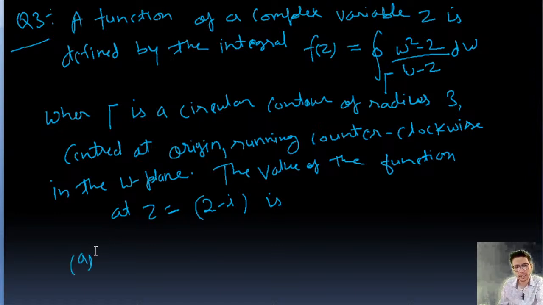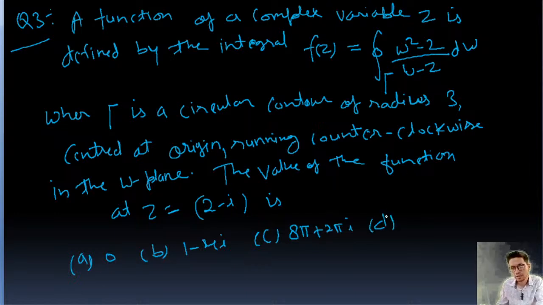Option A is 0, option B is 1 minus 4i, option C is 8 pi plus 2 pi i, and option D is minus 2 upon pi minus i upon 2 pi. Okay, so this is the question.